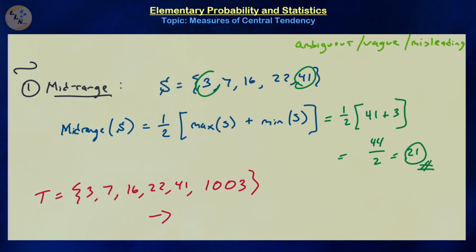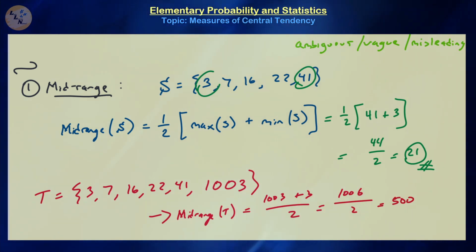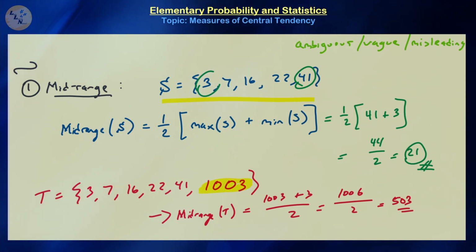In this example, the mid-range of T is 1003 plus 3 divided by 2, so that's 1006 over 2, which is 503, right? Notice that I've introduced one single number, 1003, to the original set S, and notice how much my mid-range has changed. It's changed dramatically, even though I have introduced only one single element.